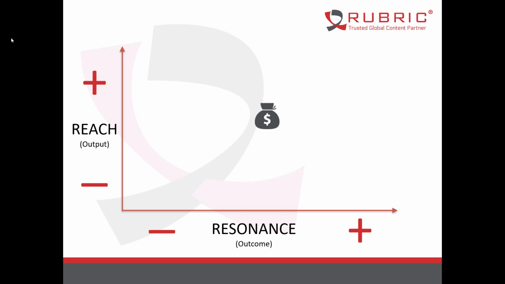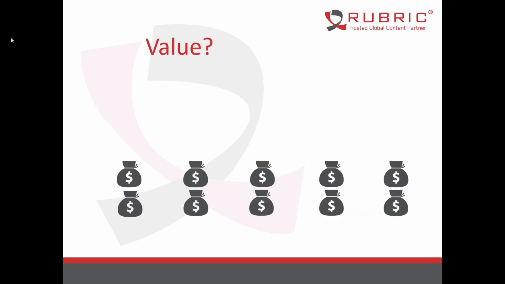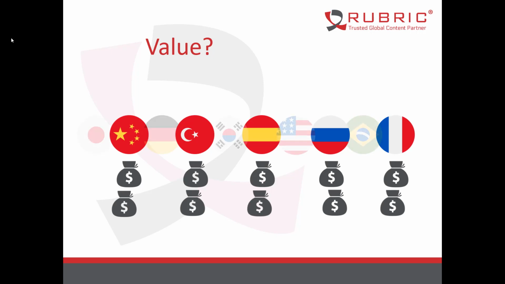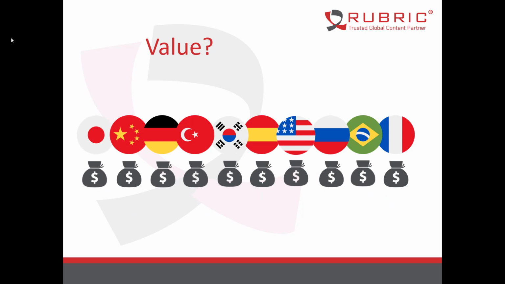So that if you have a localization budget of $10,000 and presently your content goes into 5 languages because localization costs $2,000 per language, could you make changes that meant without sacrificing learning outcomes, learner experience, you reduce localization cost so that each language costs $1,000, meaning your content goes into 10 languages rather than 5? The reach has increased significantly without impacting resonance.